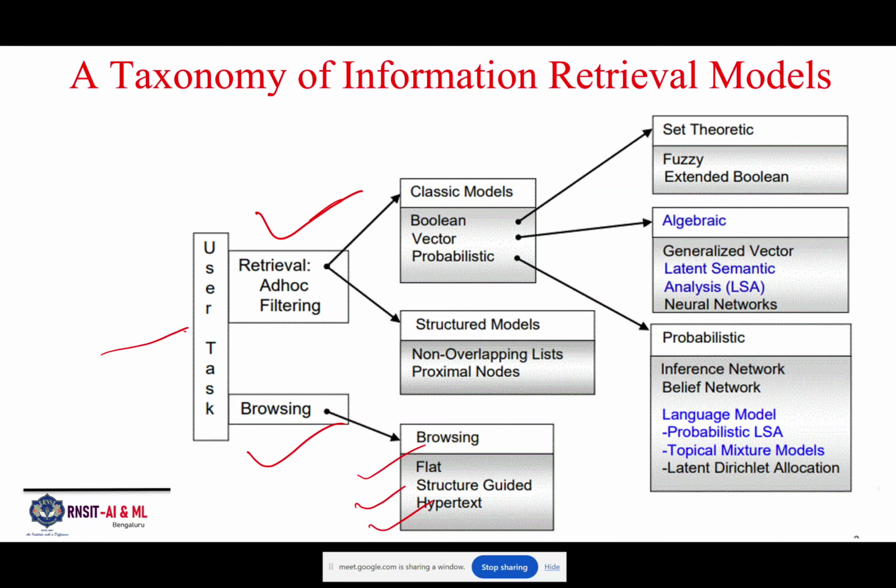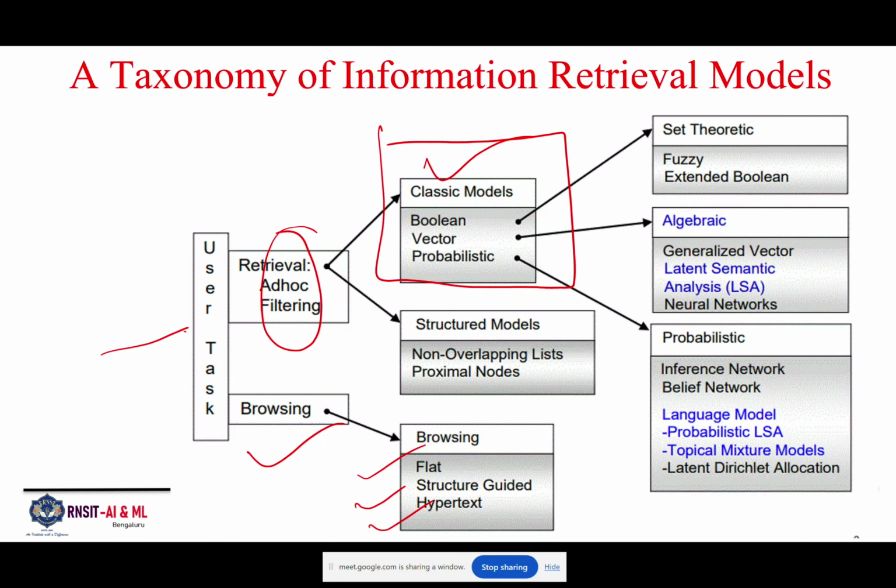But when he is working with ad hoc filtering, very, very important, there are two models that he is going to use. One is the classical model, another one is the structured model, which has non-overlapping lists and proximal nodes. Here, for your syllabus, you have only the classical models.